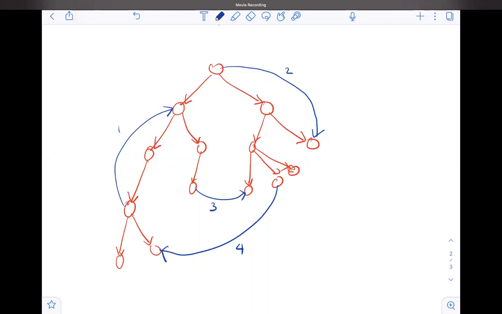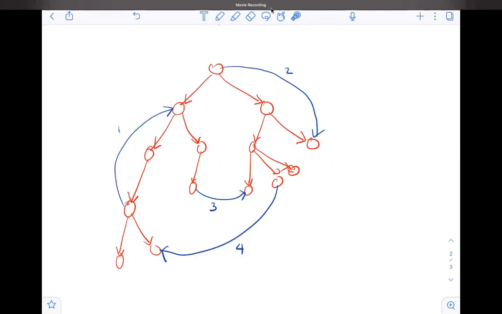The blue edges are edges that are not in the DFS tree, but are in the graph. Now I'm saying that if these red edges form a DFS tree, then one or two of these edges are not valid. It's not possible. So I numbered the edges as 1, 2, 3, and 4.